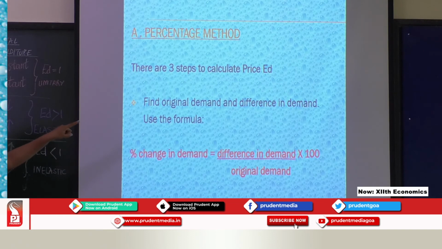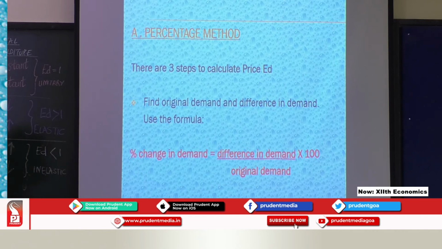If you take the subtraction between the new and the old demand, you will get the difference. So, if I am able to find the original demand and difference in demand, I have to use this formula. Percentage change in demand is equal to difference in demand divided by original demand multiplied by 100.